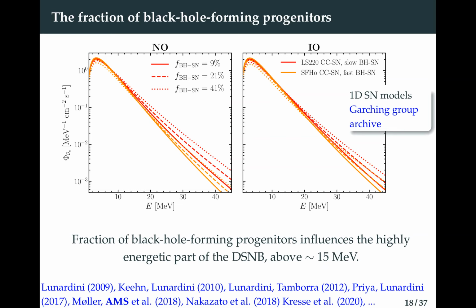So this is important for the DSNB, because if you look here at the different line styles, you can see that as we increase the fraction of black hole forming progenitors, the high energy tail of the DSNB is increasing. That's important because the energy window of detection is between 10-ish to 30 MeV, so we want as many neutrinos in that window as possible to make detection easier.